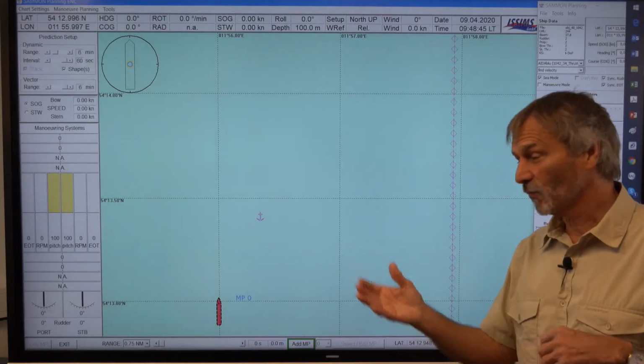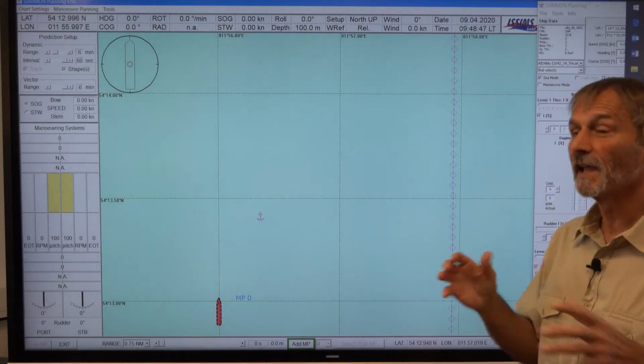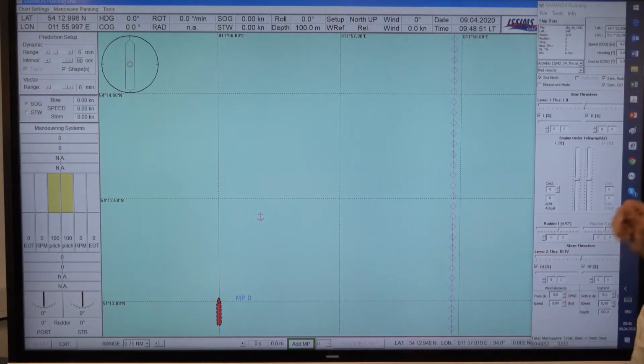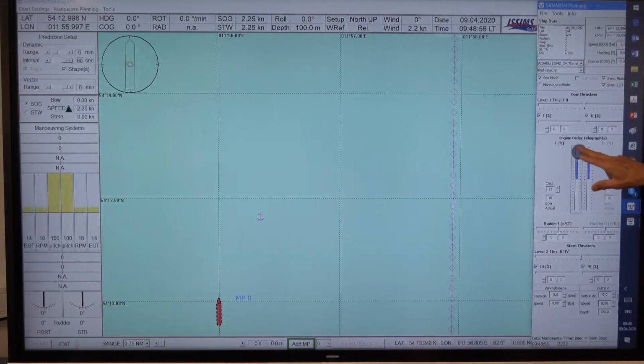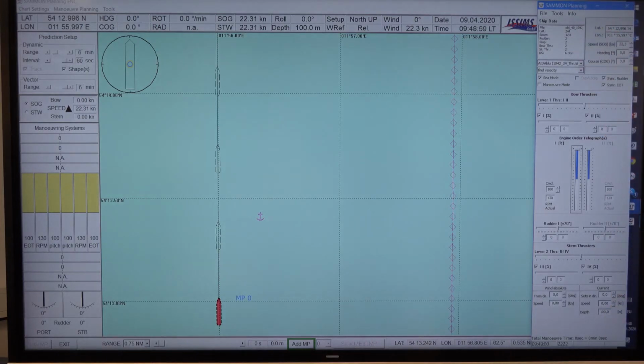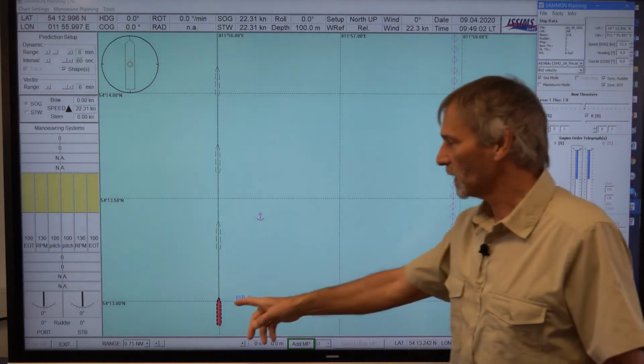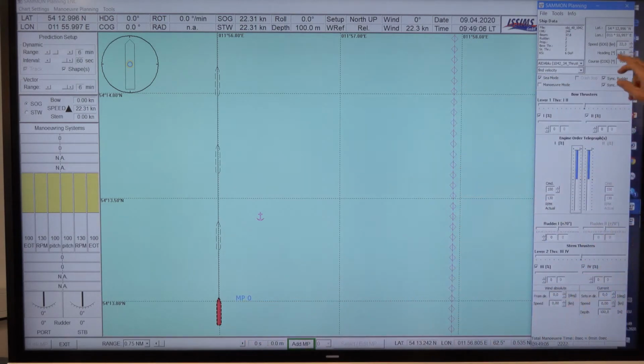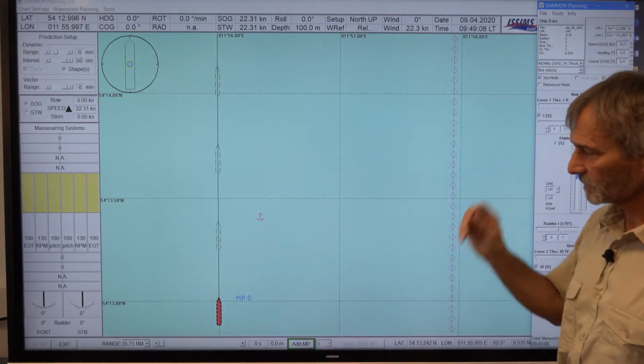This is the same as what we have in a maneuvering booklet, and this is the only one which you have there. For this reason, we give the ship a certain speed and we start our discussion with full ahead. So the engines are synchronized and the ship is going there with a speed of now 22.3 knots.